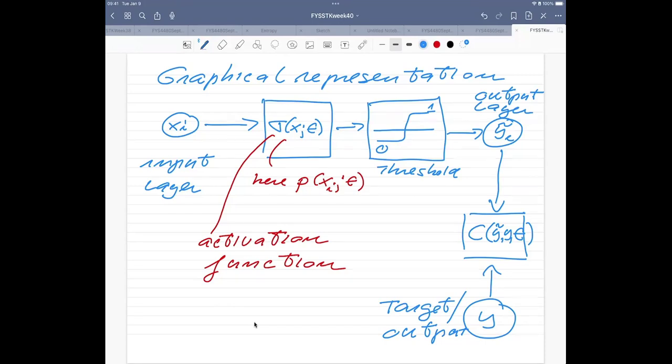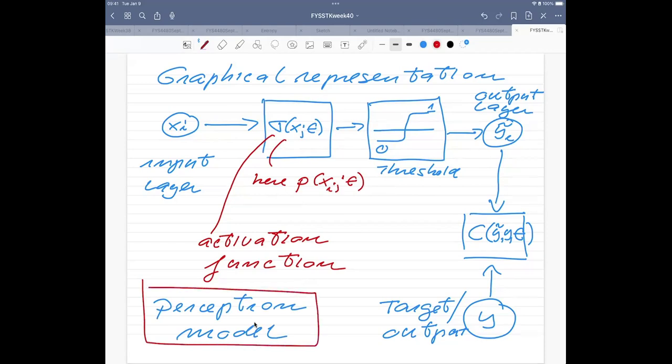This is the way you can think of what you have here. This is normally called a simple perceptron model, and you will find that as a recurring name in the literature. For us, what you have here is nothing but a graphical representation of the mathematics which we are implementing now.